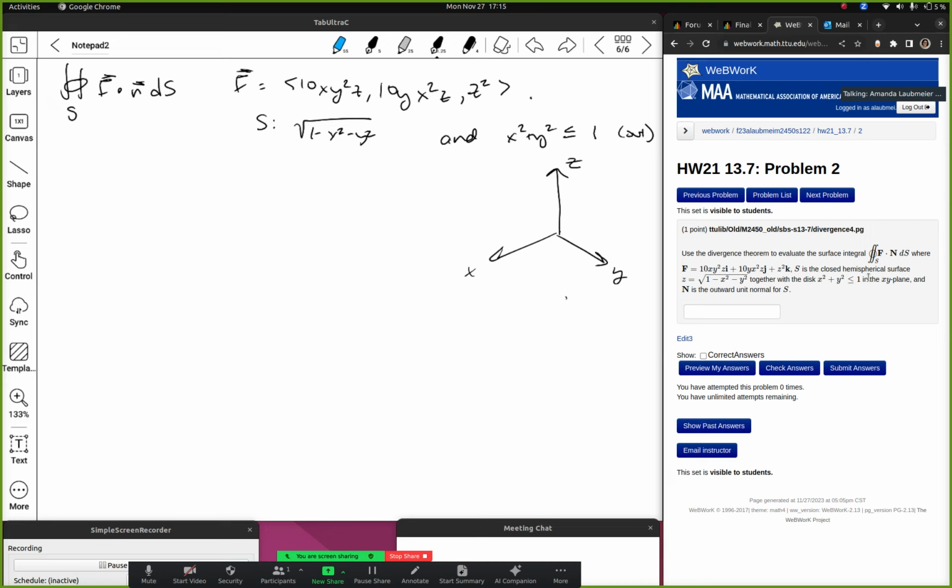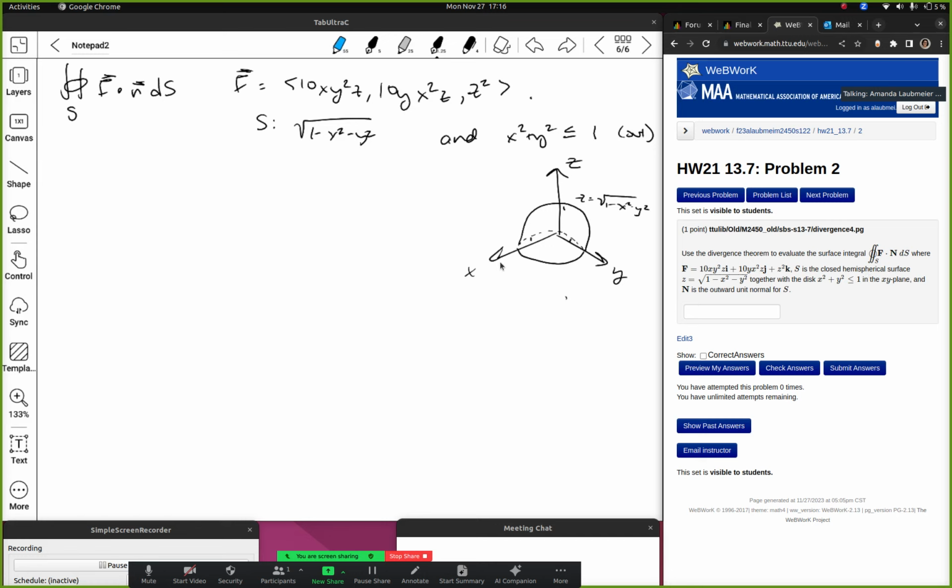But z equal to root 1 minus x squared minus y squared is this hemisphere, just the top half of a sphere, because it's the positive square root, so that's the positive branch of this shape. It's got radius 1. I drew it a little lumpy, but it's supposed to be half of a sphere.